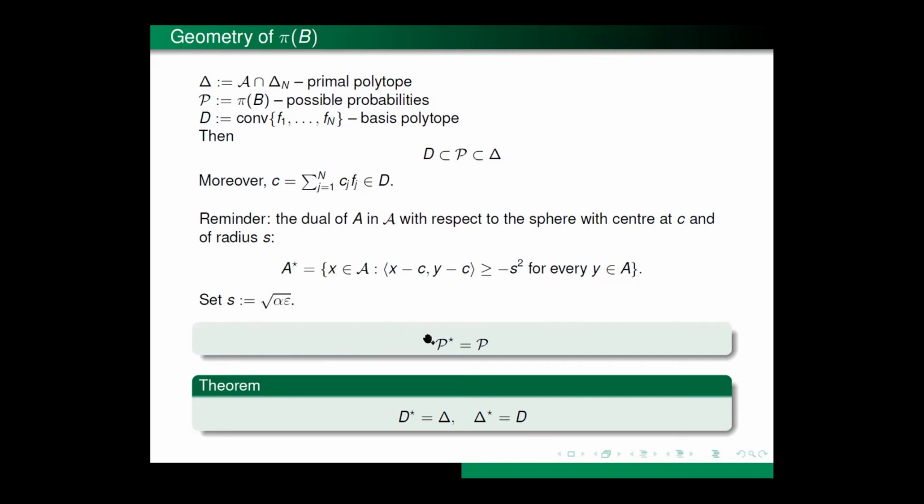So this condition is kind of obvious because we started with this assumption that P is self-dual. Since pi is morphophoric, then also P has to be self-dual. So that's simple. But what is interesting here is that these two polytopes, D and delta, are also dual.